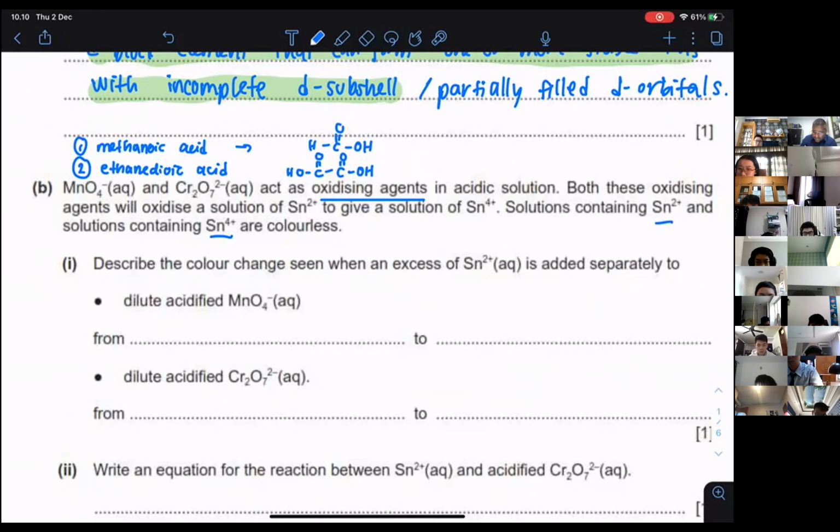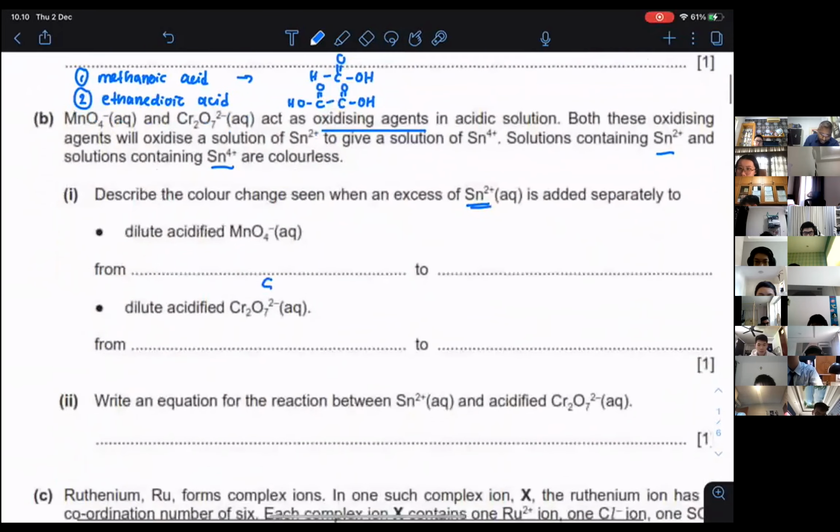So when you add this oxidizing agent to Sn2+, what will happen to the color change? Sn2+ becomes Sn4+, but both are colorless, so it means that something happens to this ion. It's oxidizing Sn2+ to become Sn4+.